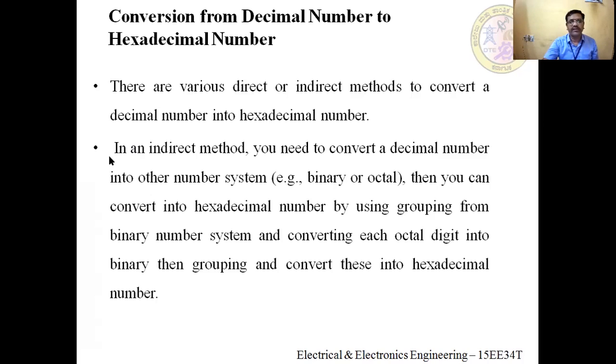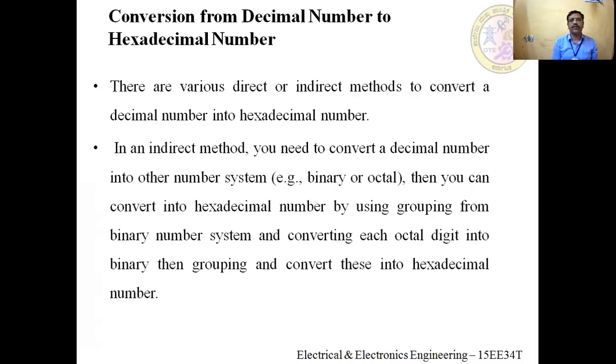So what is the second step? In an indirect method, you need to convert a decimal number to another number system. Here two possibilities are there. You can convert the decimal number to binary or the decimal number to octal.